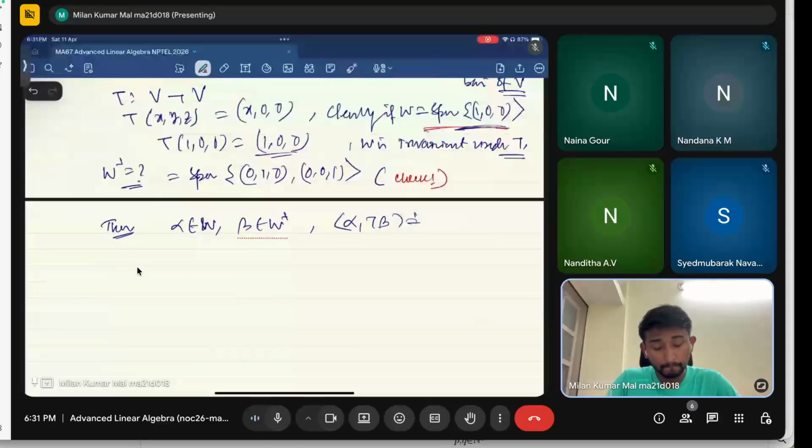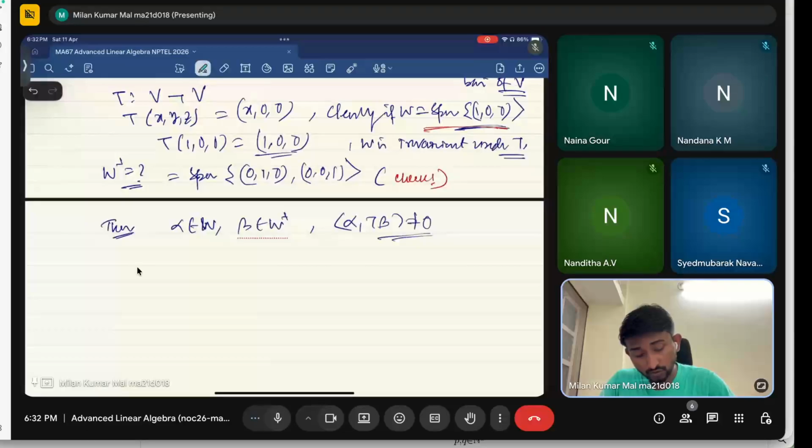T is just the projection I am taking. Then if I take alpha equal to (1, 0, 0) and beta equal to, I can write a spanning set of W perp: (1, 1, 0).